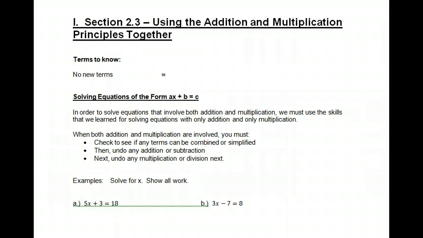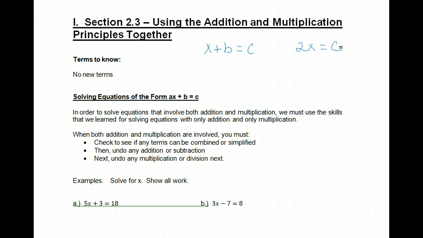So let's pause for a moment here and think back to what we did when we had one-step equations that were in the form of x plus b equals c, or something like 2x equals c.